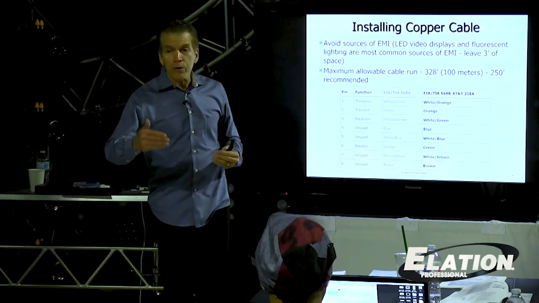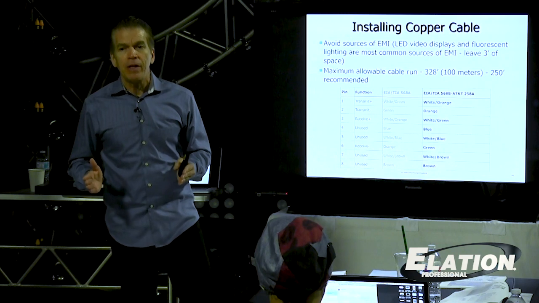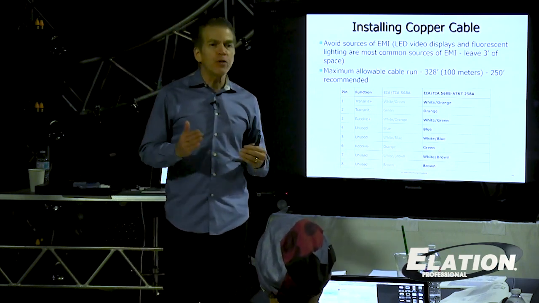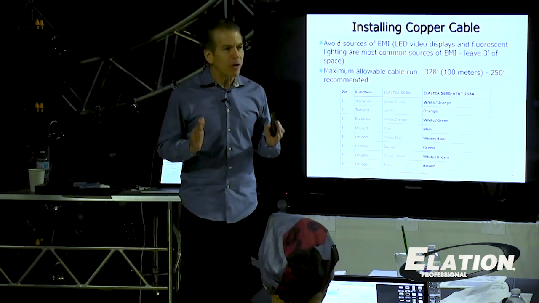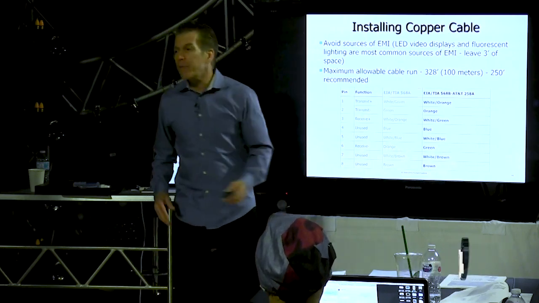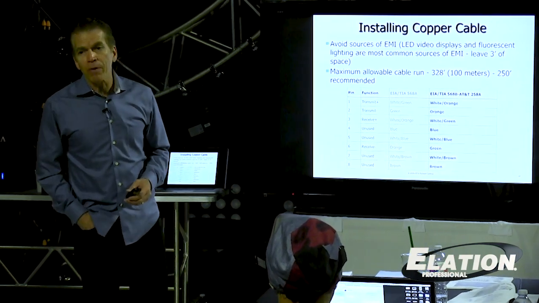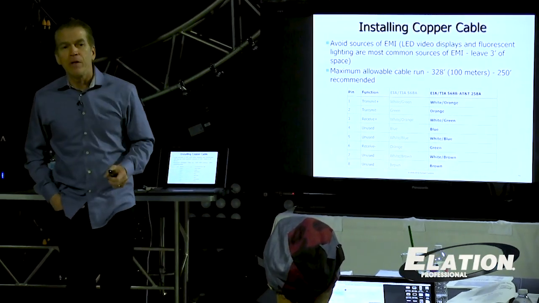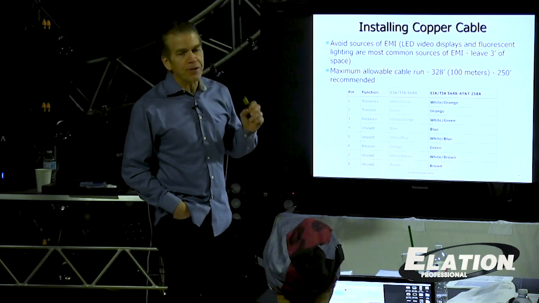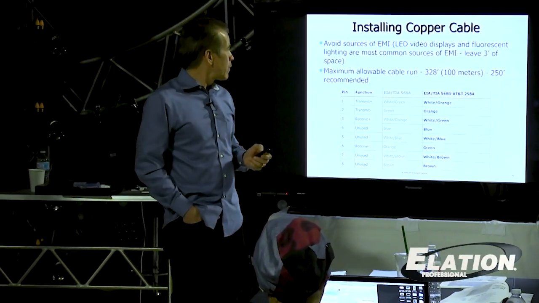If you try to go more than 250 feet, you're almost guaranteed to have problems. If you run it less than 250 feet, you're going to have much better luck, much better success. So even though technically you're supposed to be able to run at 328 feet, don't believe that. The real number in practical terms for a good, solid, stable connection is between 200 and 250 feet.